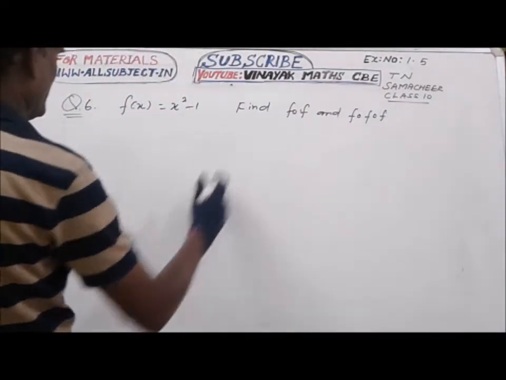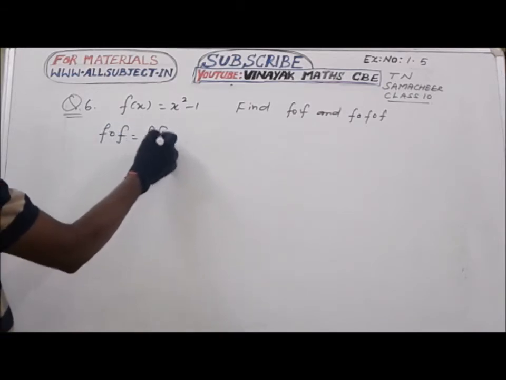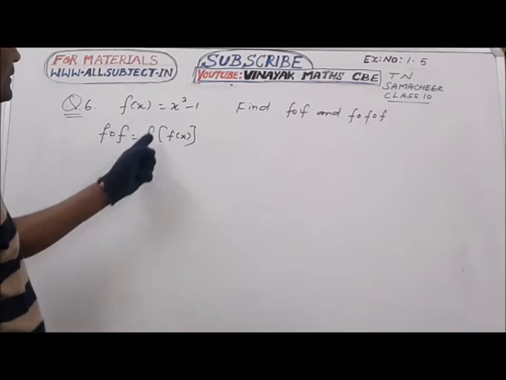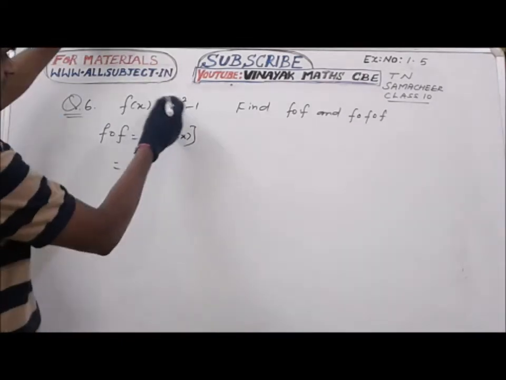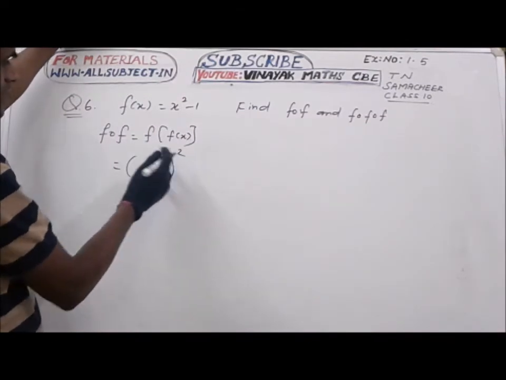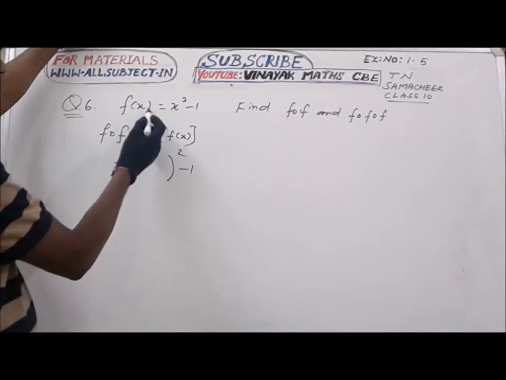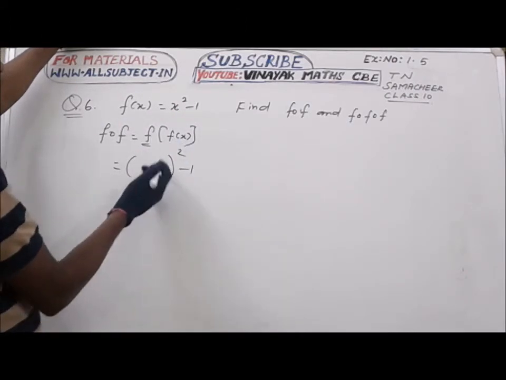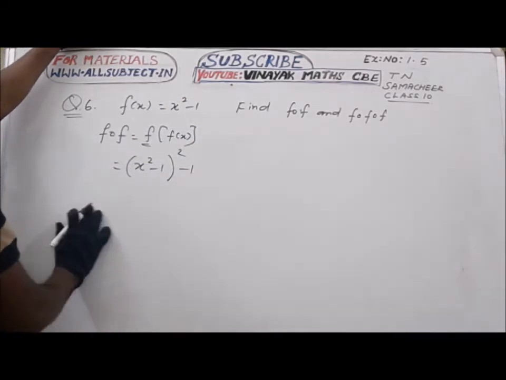So first we need to find f composition f. f composition f of x means in f of x, replace x by f of x. This is f of x. In f of x, we are replacing the x by again f of x. So the x is replaced by x square minus 1, so x square minus 1.